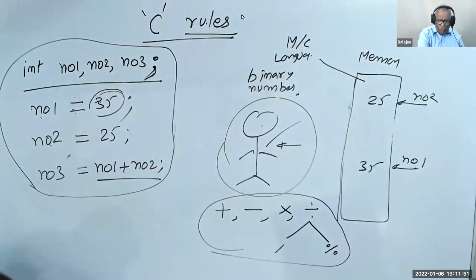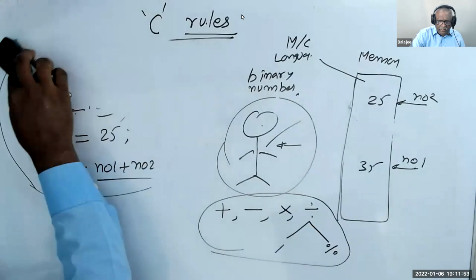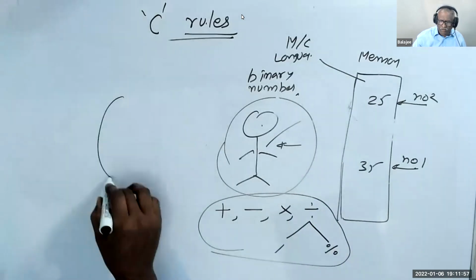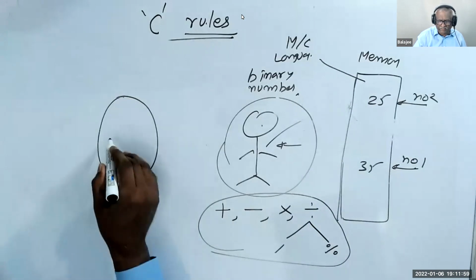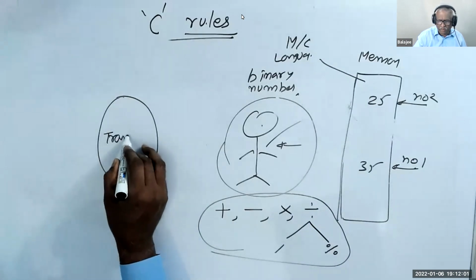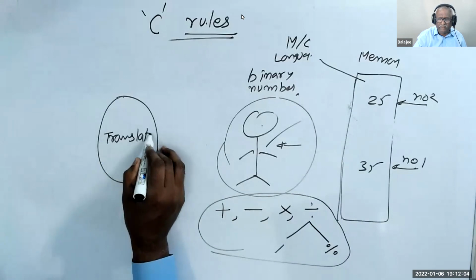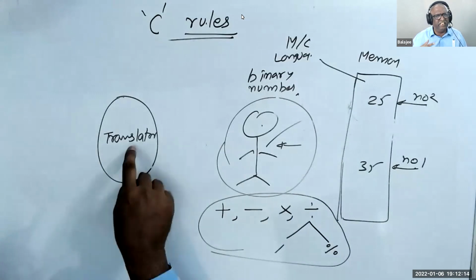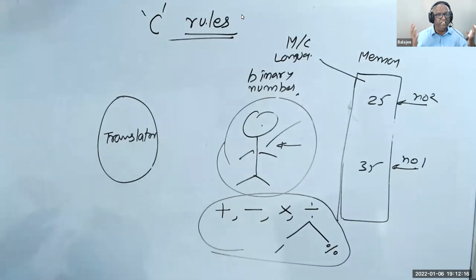So what we do here is we have a small part called a translator. Sometimes you get confused. These people, when they invent something, wanted to give a unique name, because translator is a very generic name.